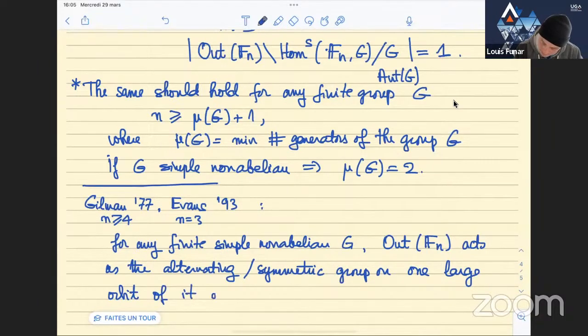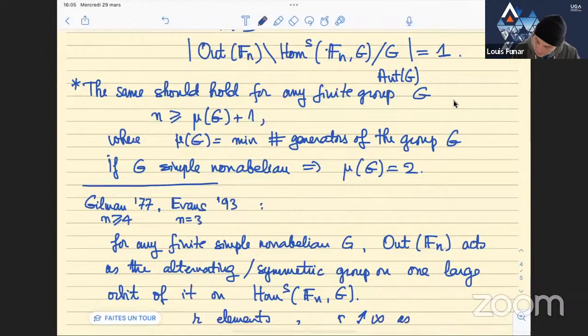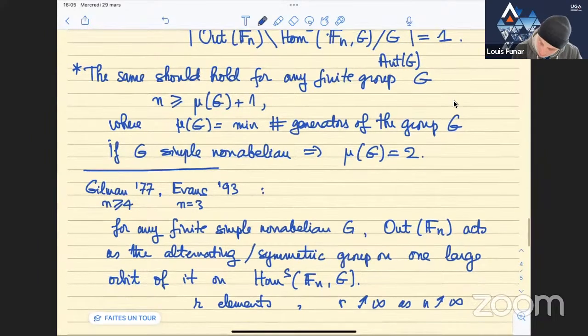So there is one orbit with, let's say, R elements, and R is going to infinity as n is going to infinity.